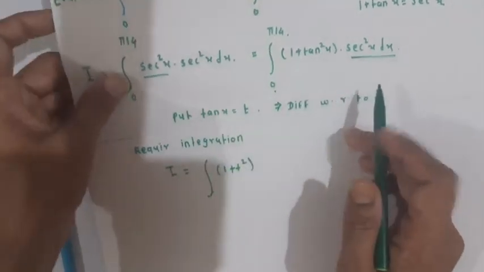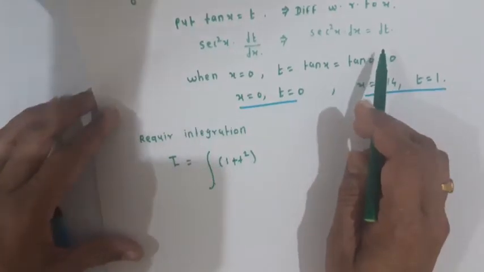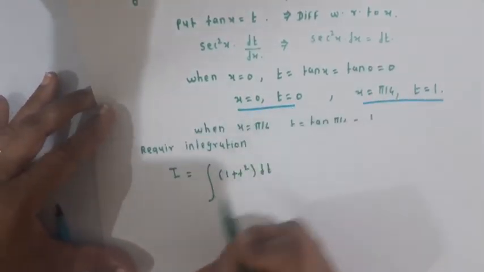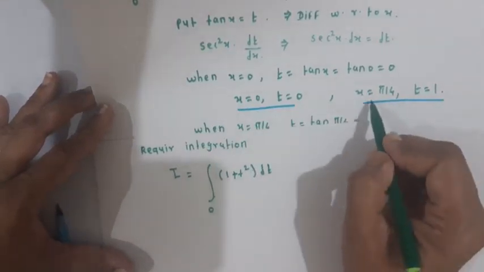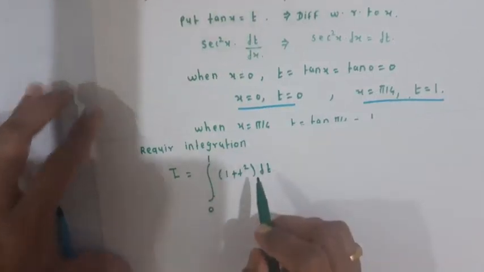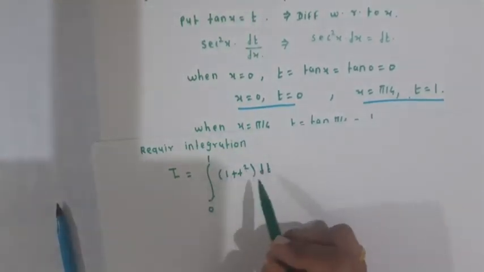And sec square x dx is equal to dt. The limits of integration: when x equal to 0, t equal to 0, and when x equal to pi by 4, t equal to 1. And this is our new required integration.